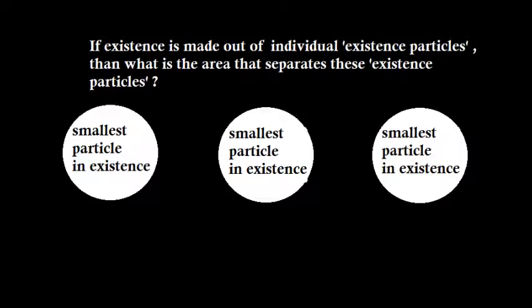As you can see, it actually is impossible to have individual existence particles, because if they actually were individual, they would have to be separated by something. But in this case, they would have to be separated by non-existence, because existence can only be located within those particles in this example. And of course, it's impossible for particles to be separated by something that doesn't exist.